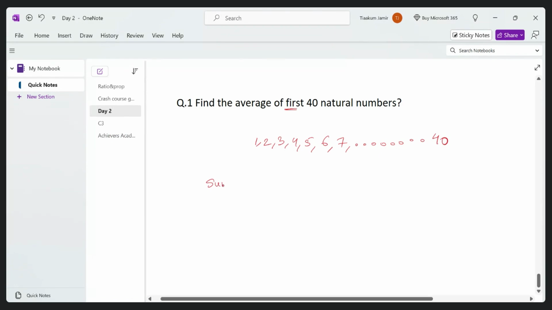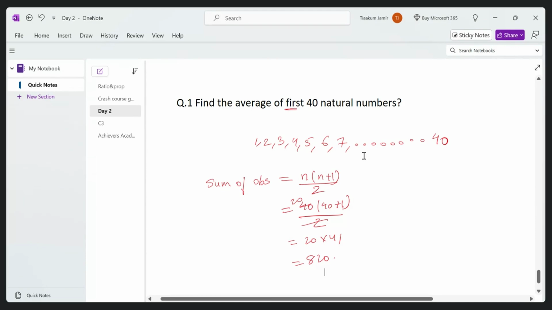The formula for the sum of observations is n(n plus 1) by 2. Now n is the last number, which is 40. So 40 times (40 plus 1) by 2. 2 twenties, this will give us 20 into 41. This is nothing but 820. However, this is not the answer.